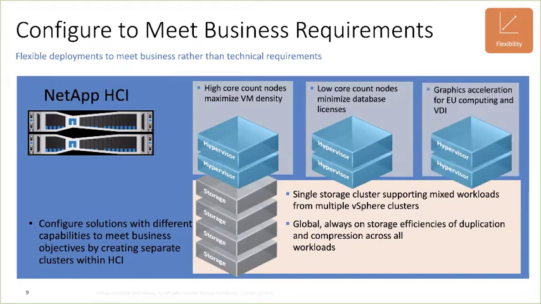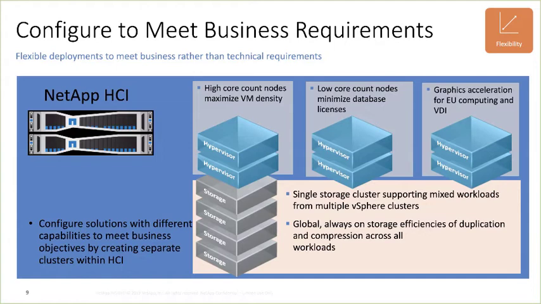And you always get global efficiencies. So I really like this. With our disaggregated architecture, we are able to always have our storage efficiencies running. So deduplication is always on. Compression is always on. If you're familiar with traditional storage arrays, whenever you turn those two things on, it always taints the performance.